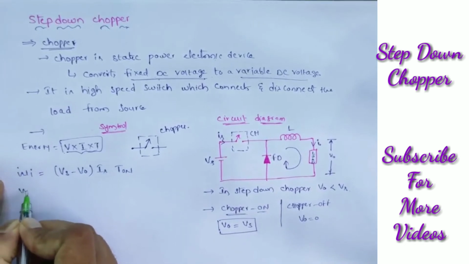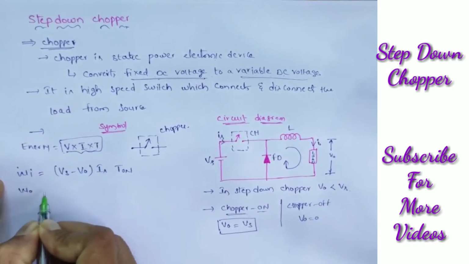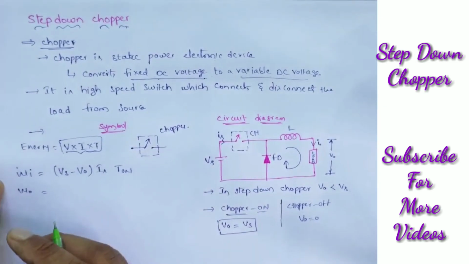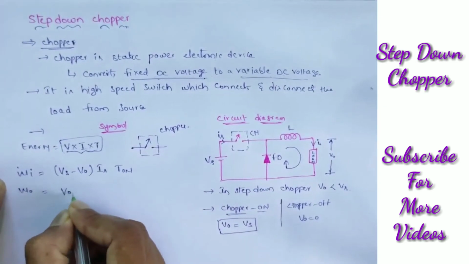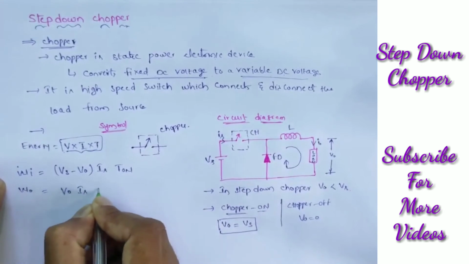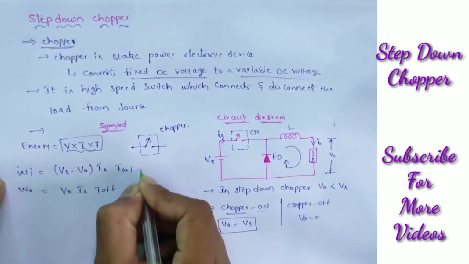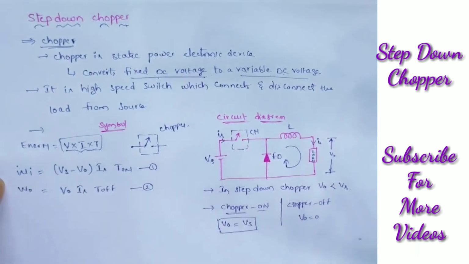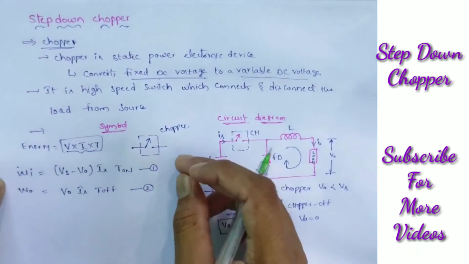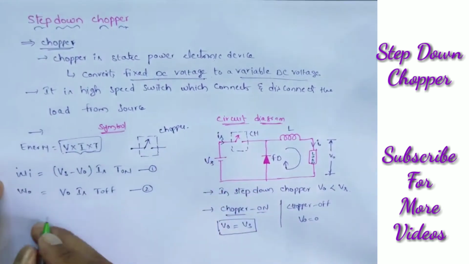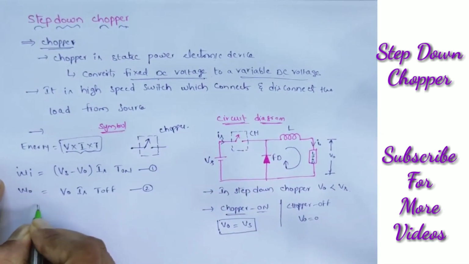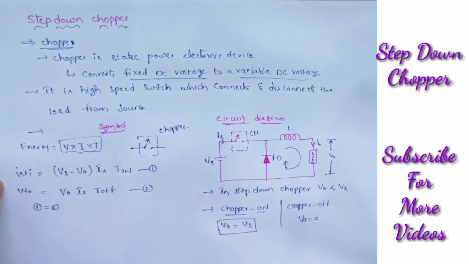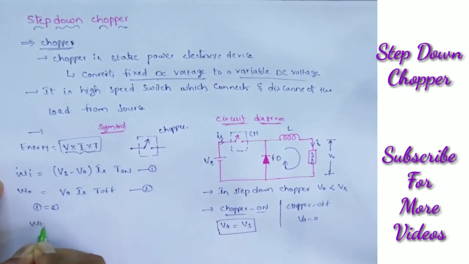Then when the switch is in off state, the equation is V0 Is and T off. This is equation 1 and here is equation 2. Then equate equation 1 and equation 2. In this case, Wi equals W0.